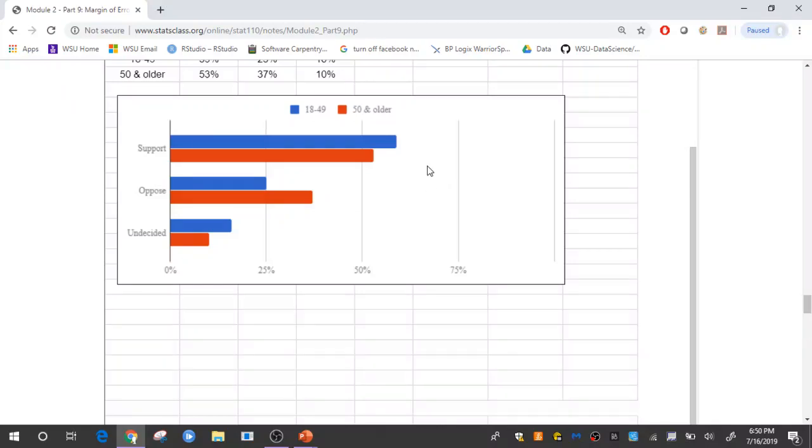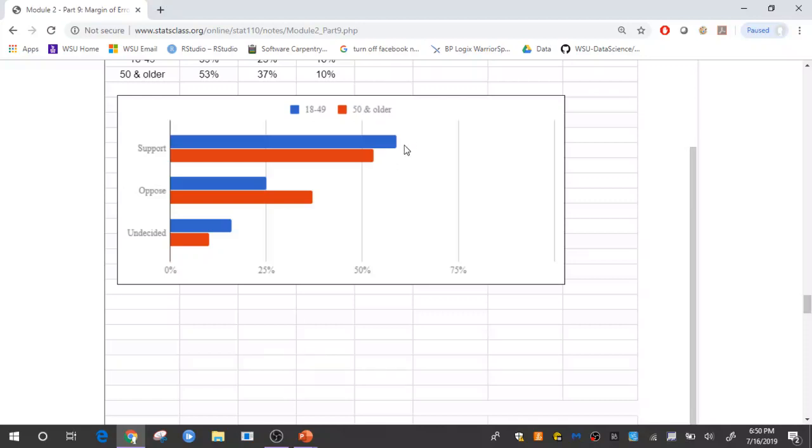Now for the people that we have surveyed, we can see that more of the 18 to 49-year-olds, or a larger proportion of the 18 to 49-year-olds, would support stricter gun laws than the 50 and older age group. I can see that here at the top because the blue bar here for support for the 18 to 49 is slightly bigger than the red bar for support.